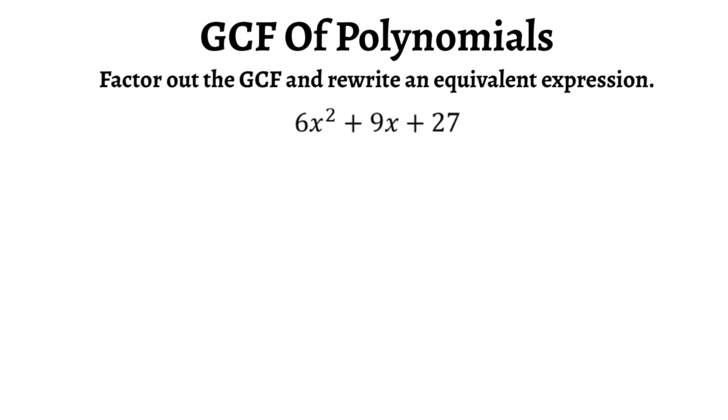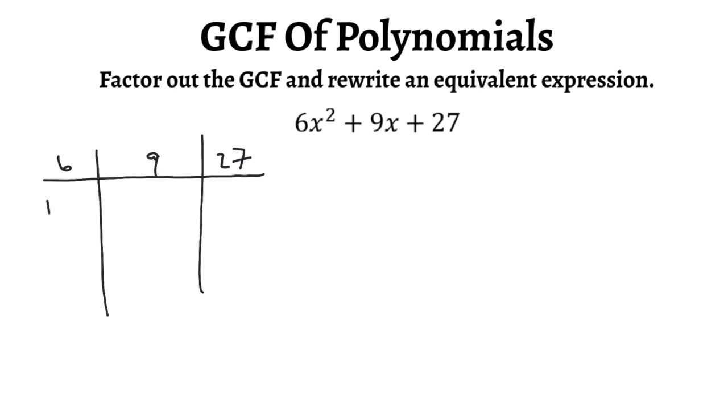Eventually, we won't have to make a table, but I'm going to start with the table for now. I have 6, I have 9, and I have 27. So 1 times 6, 2 times 3. 9 is 1 times 9, and 3 times 3. And 27 is 1 times 27.